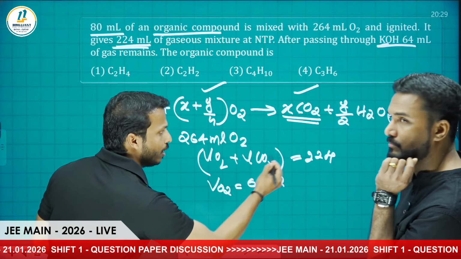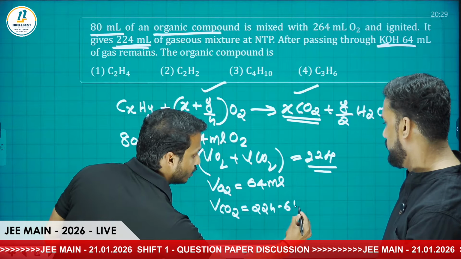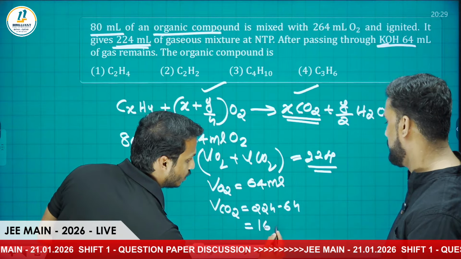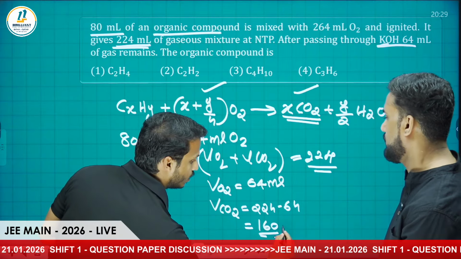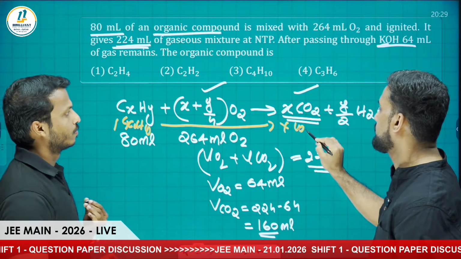So total volume is 224 and volume of oxygen is 64. From this, you can find out the volume of carbon dioxide. 224 minus 64 is equal to 160, so 160 ml of carbon dioxide is there. From this you can easily find out the x value, because the equation says that 1 mole of CxHy gives x CO2.